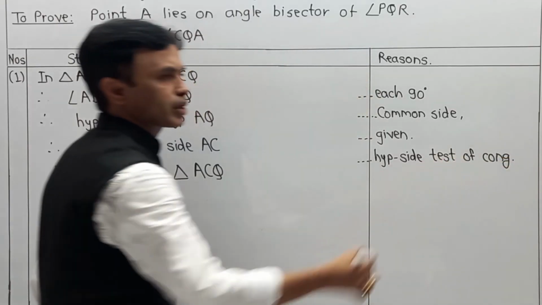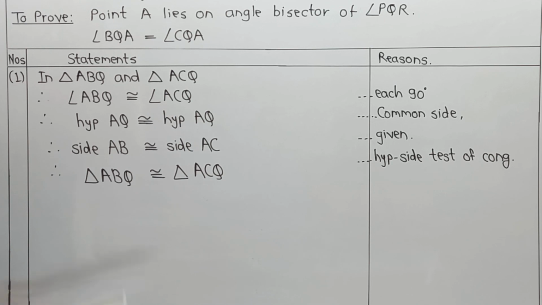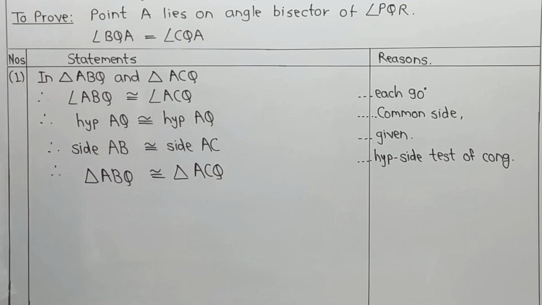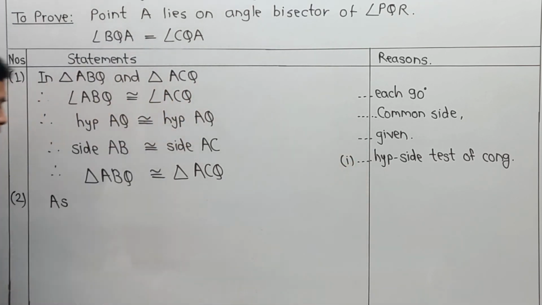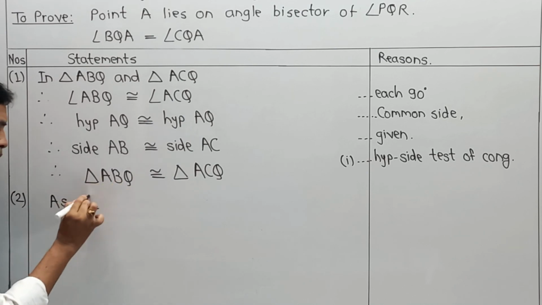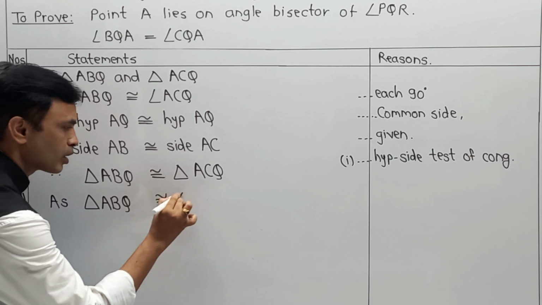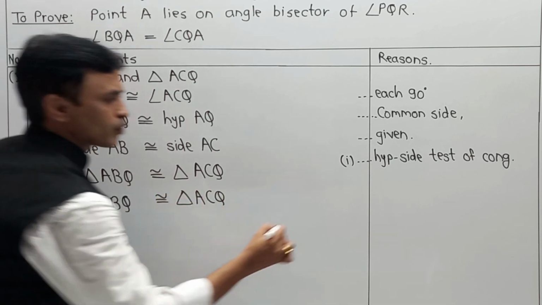I have written in short, but you can write it properly. By hypotenuse side test of congruency. Now when two triangles are congruent by hypotenuse side test, naturally their respective sides and respective angles must be congruent. So second part, as I am going to give it as equation number 1, as triangle ABQ is congruent to triangle ACQ from 1.